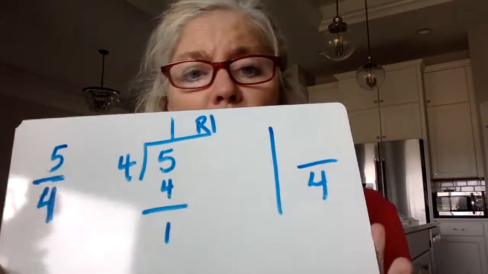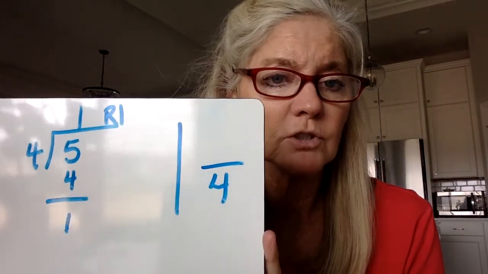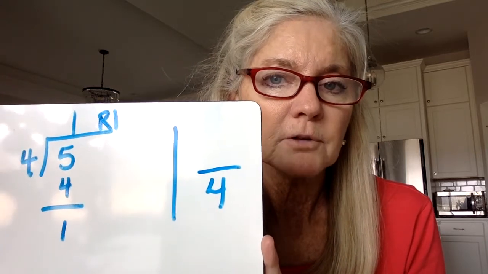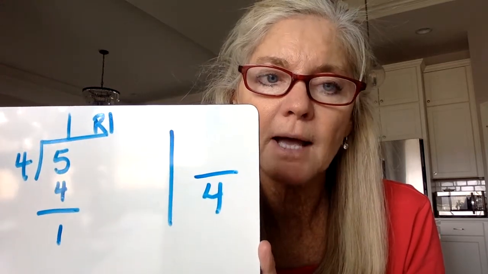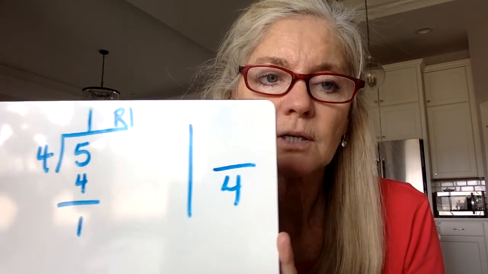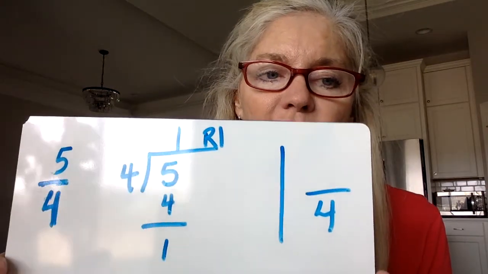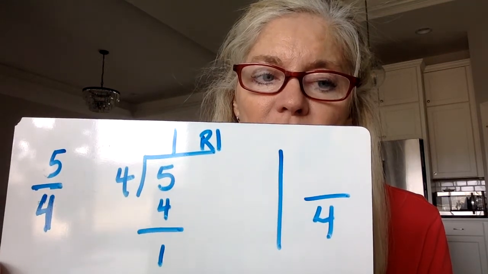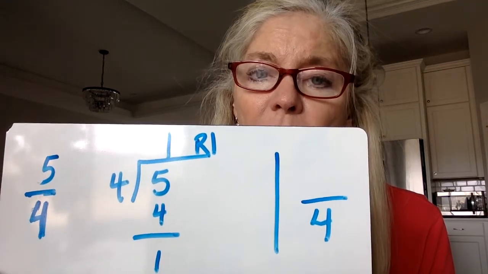So we use the quotient, the answer to our division problem, which was 1, as our whole number. And remember, we're making a mixed number out of that. So we look at how we started, 5/4. What was the denominator in how we started, 5/4? A 4. And what did I just say?